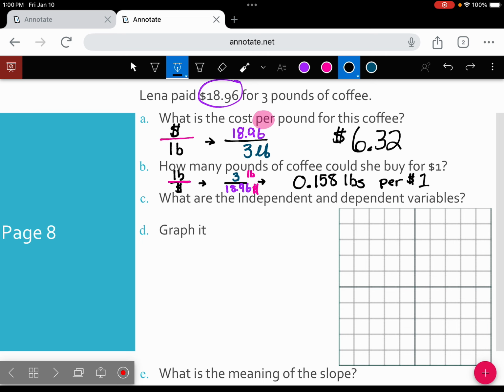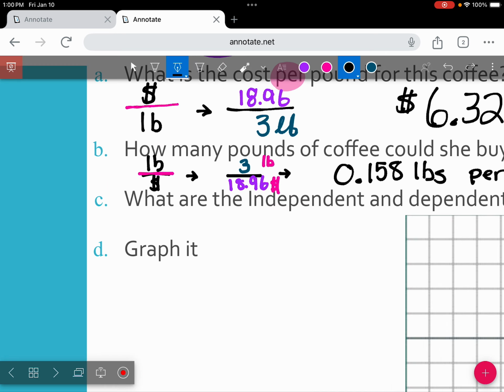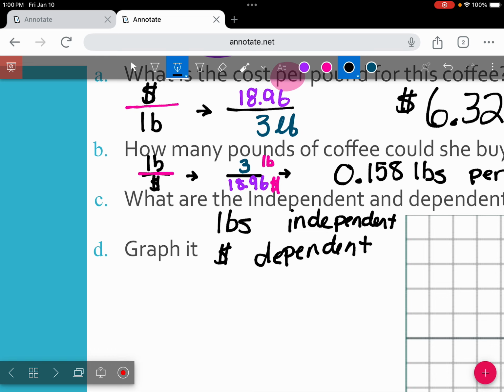That's what we're thinking about here. So typically, it's going to be our pounds of coffee that's our independent, and our money that is dependent. Typically. Again, it's not guaranteed. It depends kind of on where you shop. There are times when it will switch, but for the most part, it's going to be independent there.